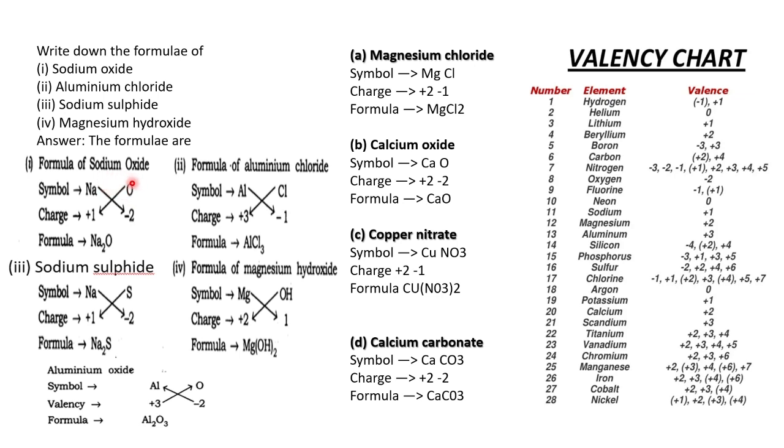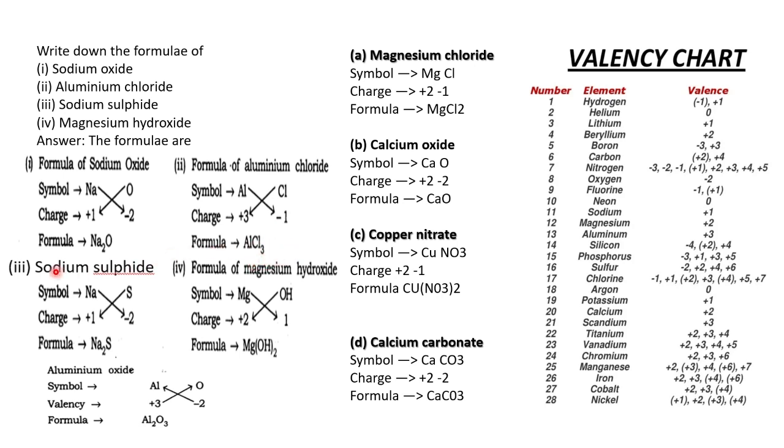In the same way, aluminum chloride. Aluminum symbol is Al, valency number 3. Chlorine is Cl, valency number 1. Cross multiplication gives Al1Cl3, and leaving out 1 we write AlCl3.